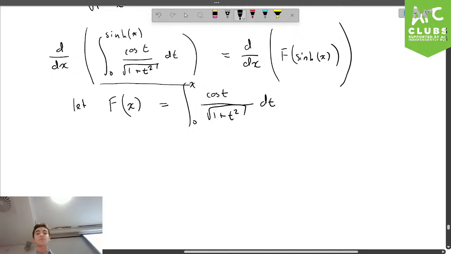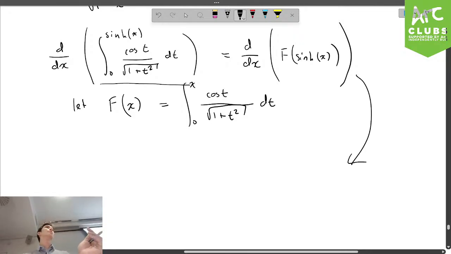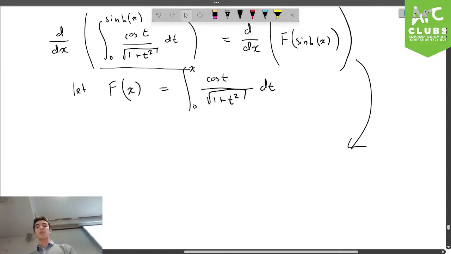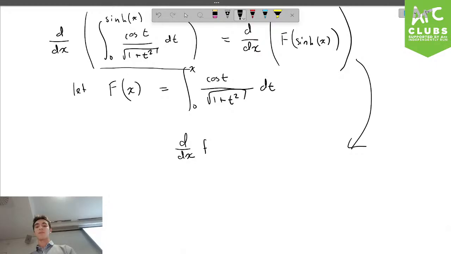Yeah? So when we take the derivative of a function that's inside a function, what rule of differentiation do we apply? It's the chain rule, right? The chain rule is when we're trying to take the derivative of two nested functions, remember?